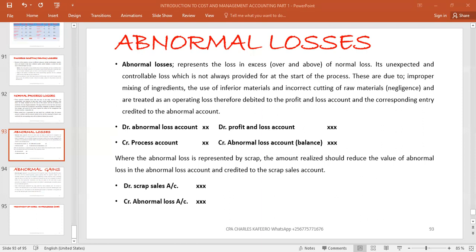Whatever amount you get, when you multiply the units by the unit price, we get our scrap value.